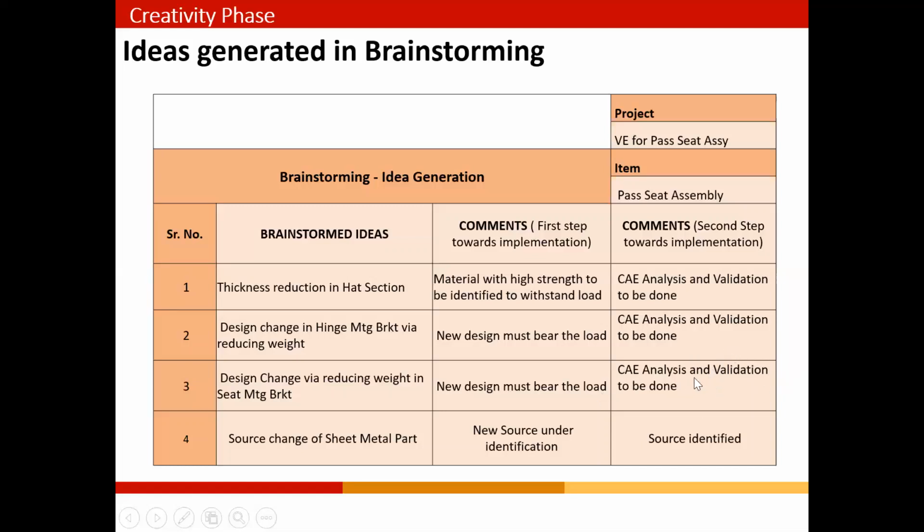There are lots of software packages available which will validate the failure for a particular design change. And if that software proves to be correct, then they can go for physical validation, because physical validation cost will be too high, and the resources will also be too high. So it is good to complete the validation using the computer or simulation, then we can go for the required physical test.